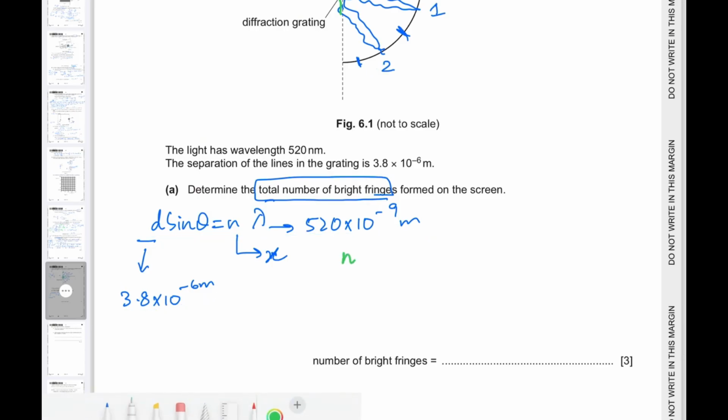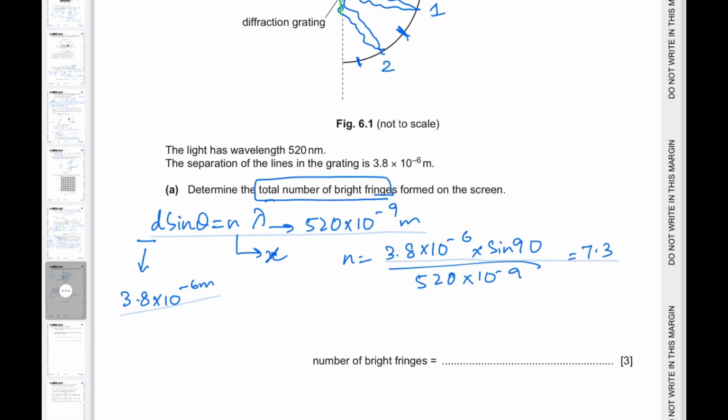So order of maxima is equal to 3.8 times 10 raised to negative 6 multiplied by sine 90 divided by the wavelength, which is equal to 7.3.